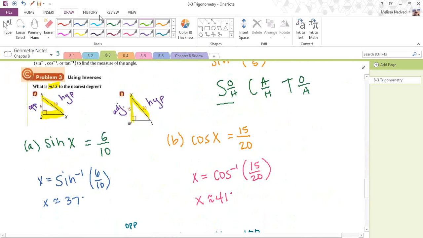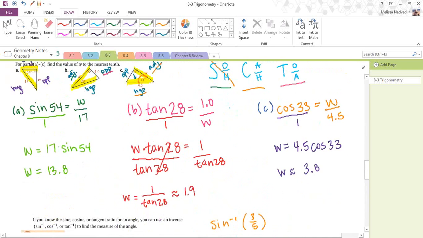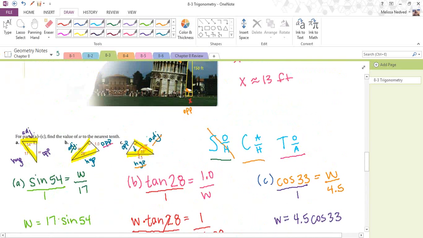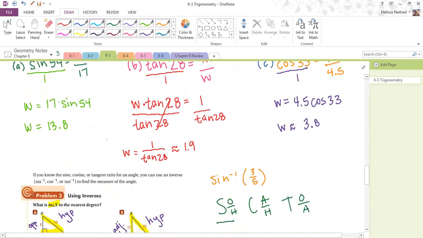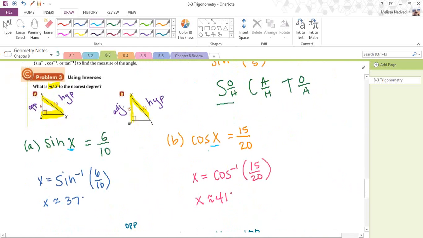If your variable is inside sine of x, cosine of x, that's when you have to use inverse trig to get it out. If your variable is standalone, just one of the parts, the numerator or the denominator, then you can cross multiply. And hopefully you could figure it out by trial and error as well.